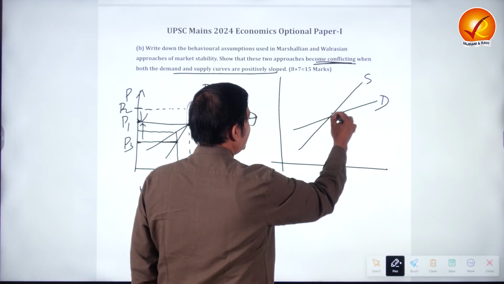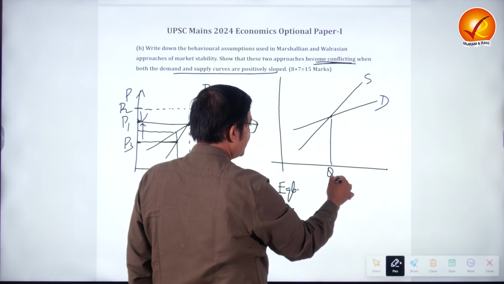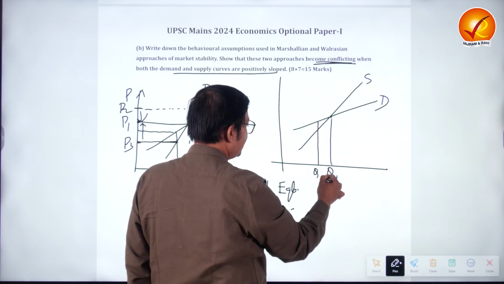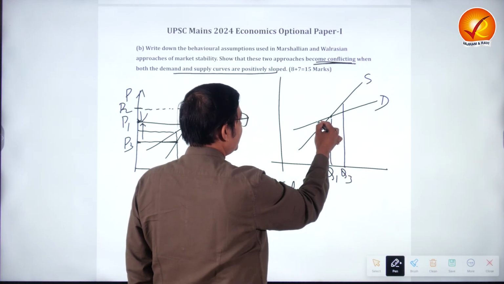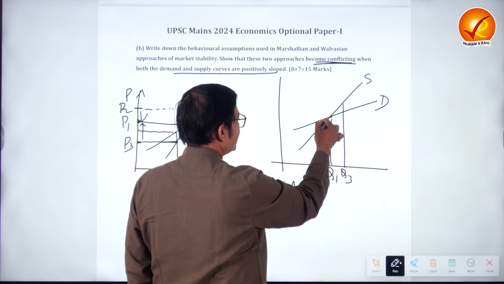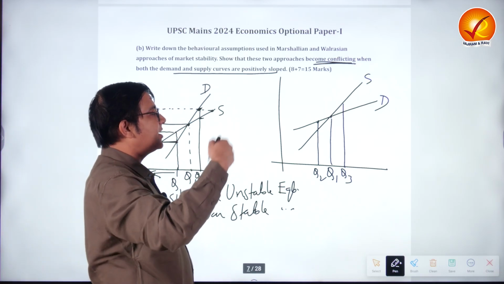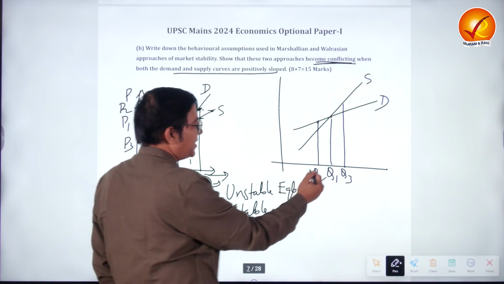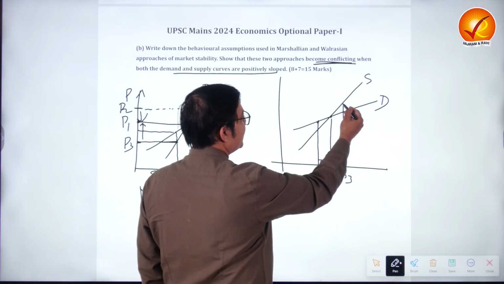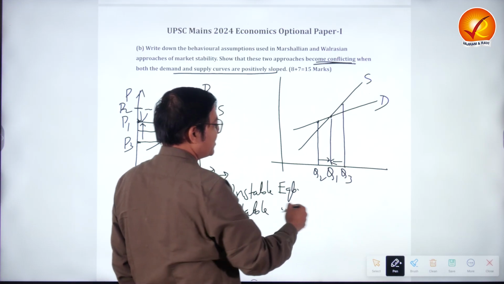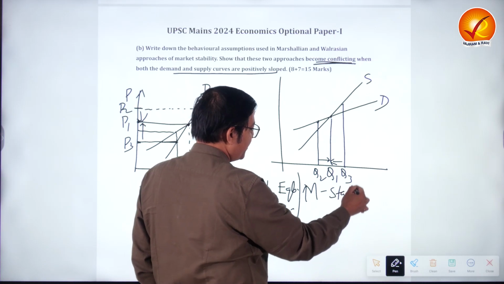I am not drawing the entire part, just showing you that when we do the Marshallian analysis, Q1, Q2, Q3, etc., then at Q2 there is excess demand price, that the producers are already getting more than what they expected, so they will produce more, a movement towards equilibrium. Here there is excess supply price, so they will produce less. So this equilibrium is Marshallian stable equilibrium.